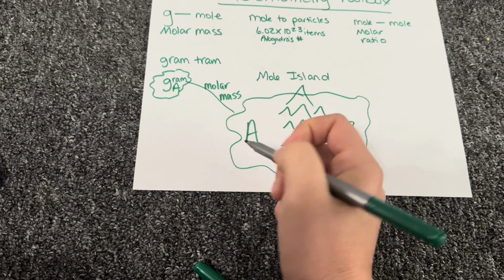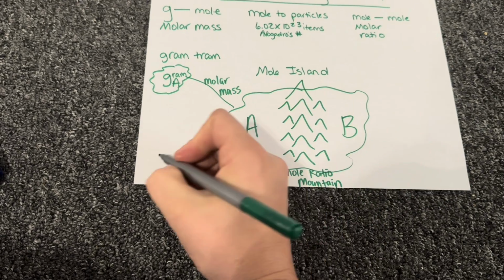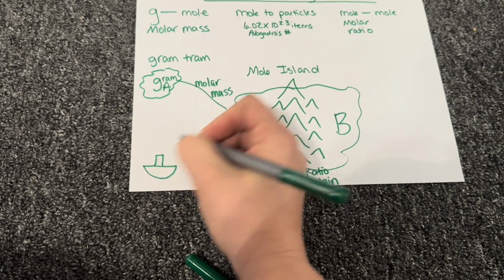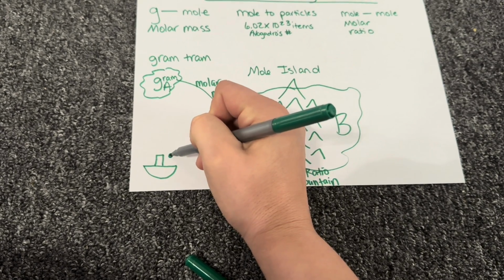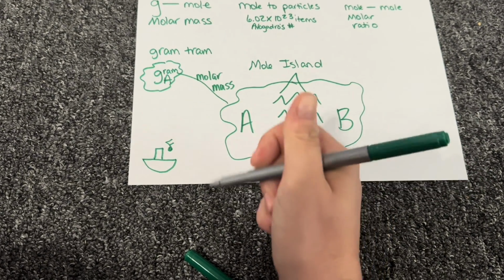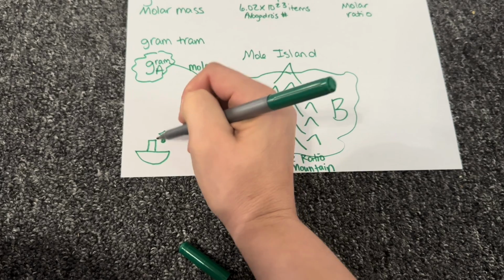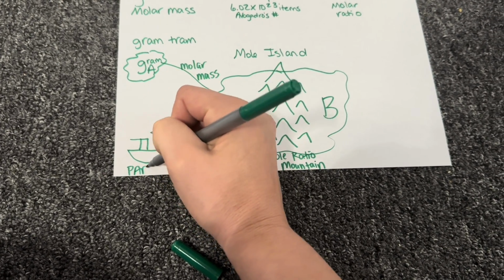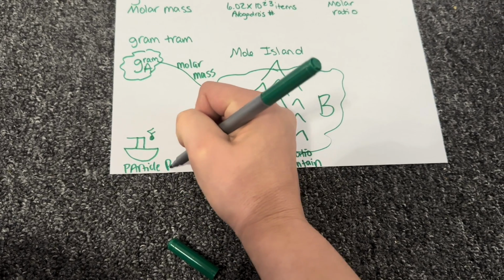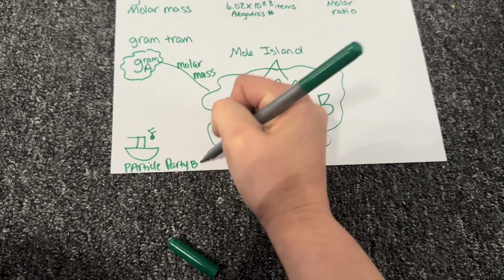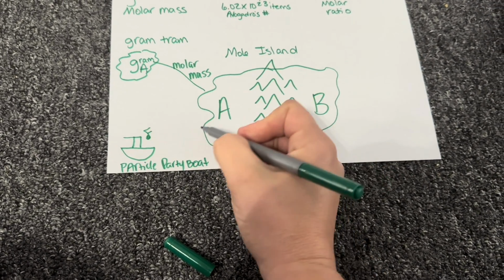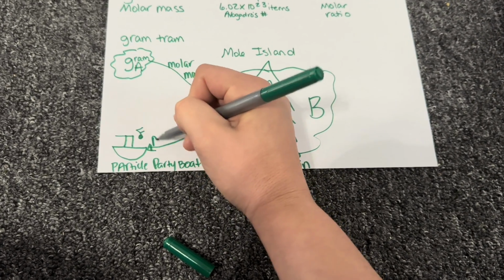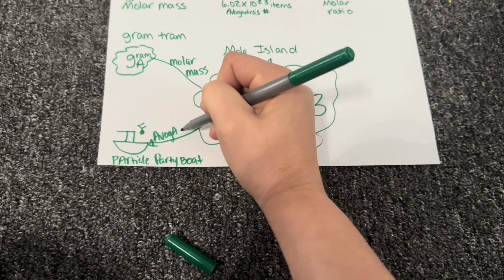If we wanted to travel to the particle party boat, I'm going to draw some music over here because they're having a good time, right? So this would be our particle party boat. We have got to apply and use, to get there, our Avogadro's number.